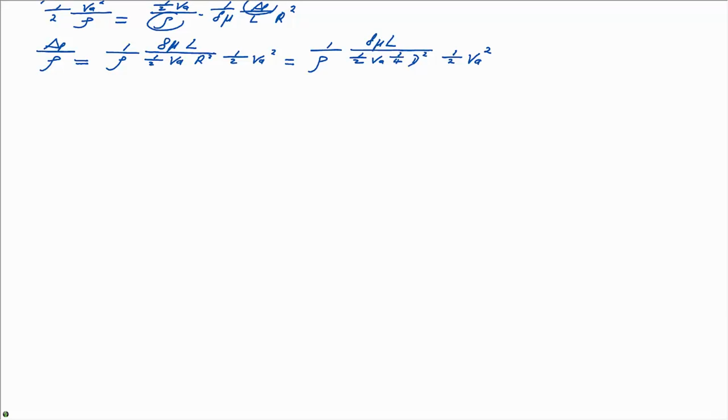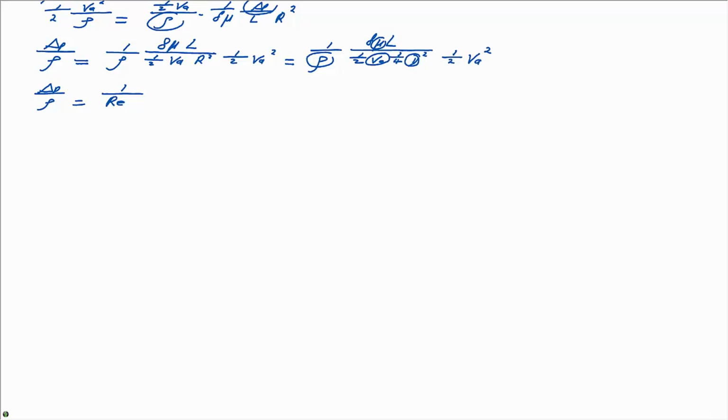Then we can see rho times V times D and then over mu. So we see here Reynolds. Let's write this again. Delta P over rho is 1 over Reynolds. And below we have a half times a quarter, so that's 1/8.